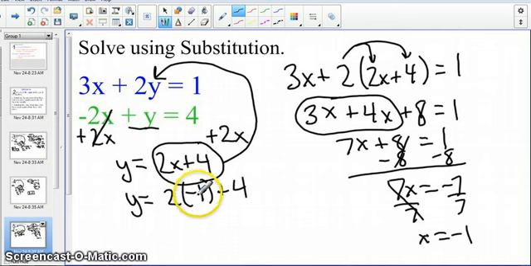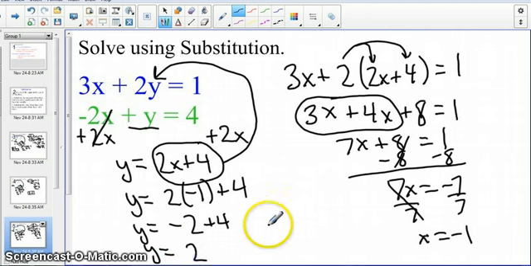So 2 times negative 1 is negative 2 plus 4. Combine those terms, negative 2 plus 4 is positive 2. So your answer, as an ordered pair, you write your x first, which is negative 1, your y is 2.